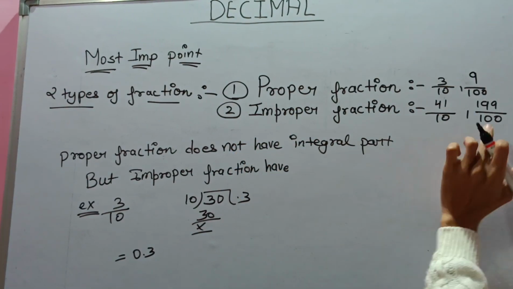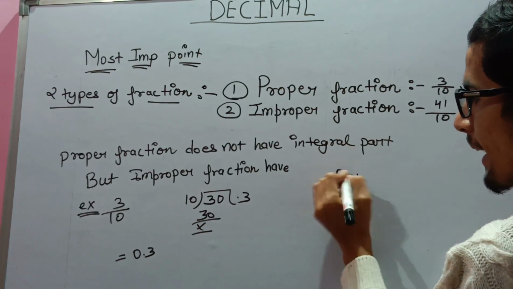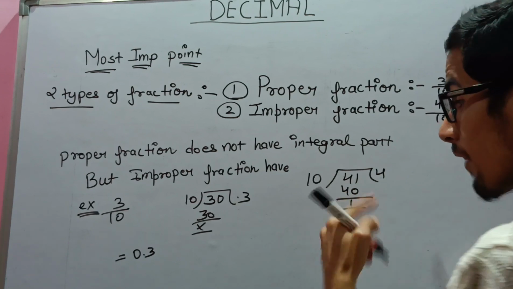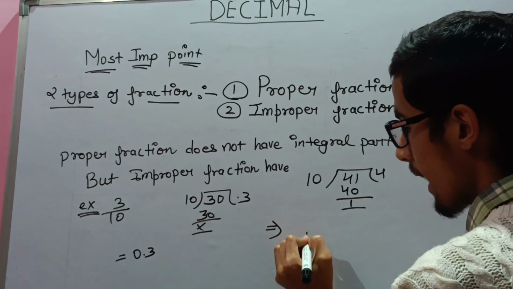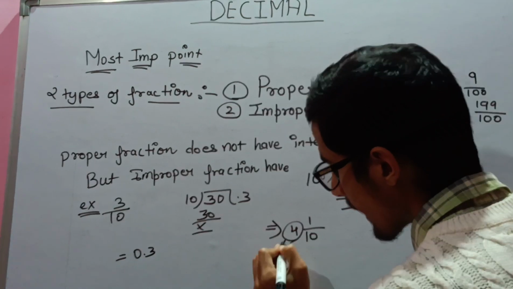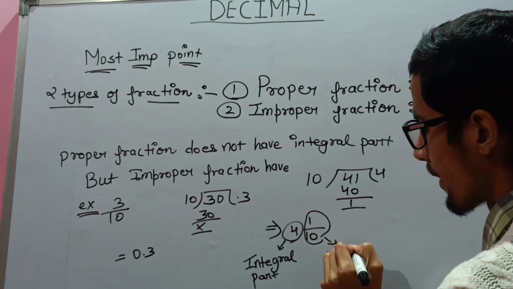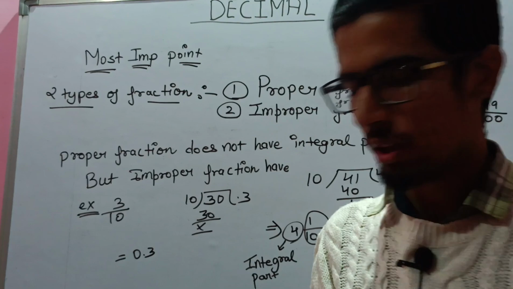We can see the first example, 41 by 10. 10 fours are 40, remainder 1. If we write this in mixed fraction, 4 and 1 by 10. So this has an integral part and a fractional part. Hope you understand what I am trying to say.